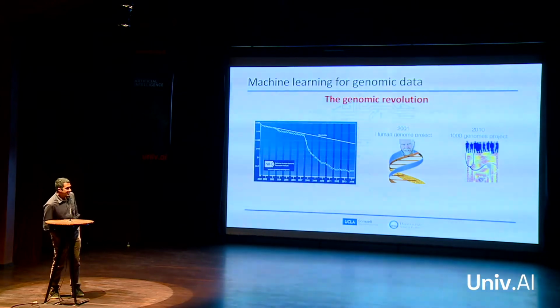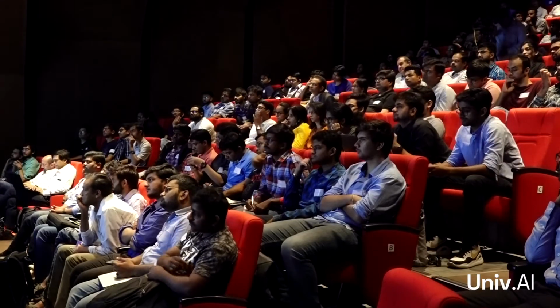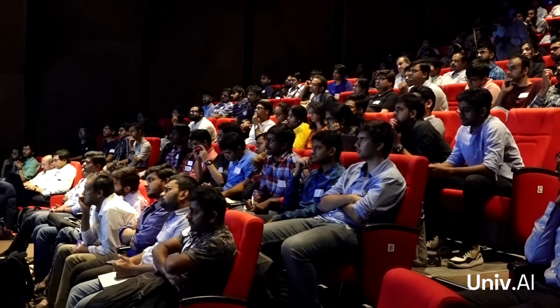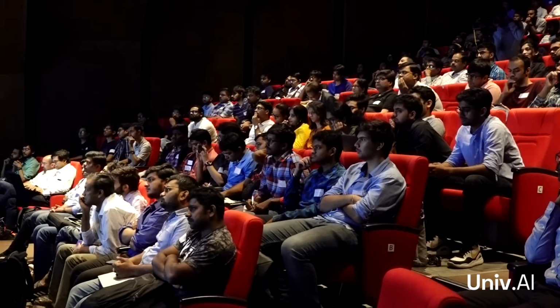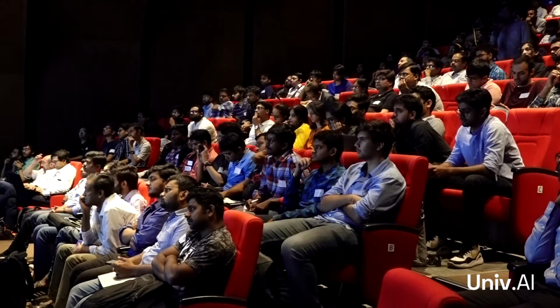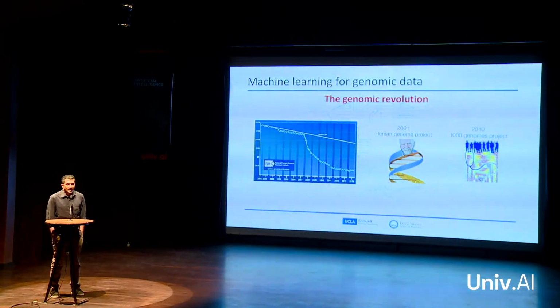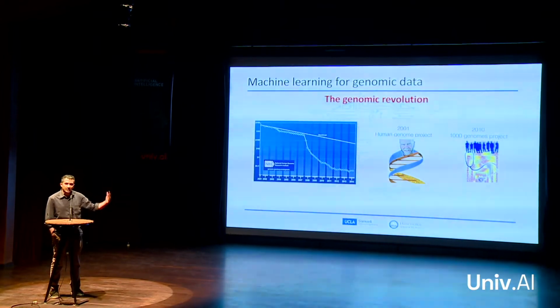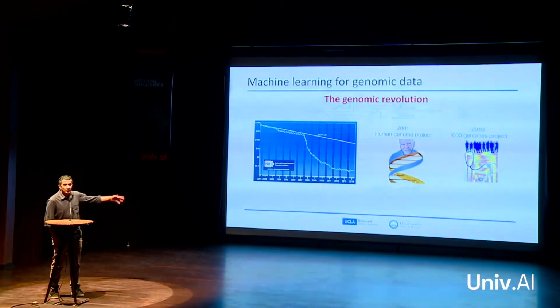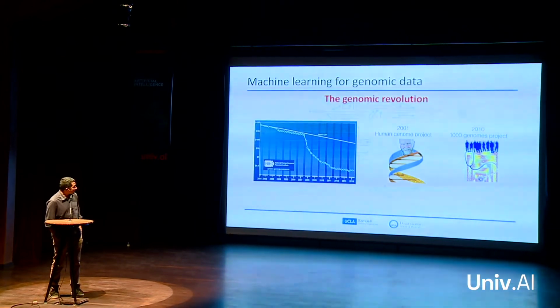Another way of seeing the same thing is, in 2001, we had the first human genome. This was a project that took about 10 years to complete and several billions of dollars. Fast forward to 2010, we now have data sets that you can publicly download with thousands of genomes sequenced. Next slide.